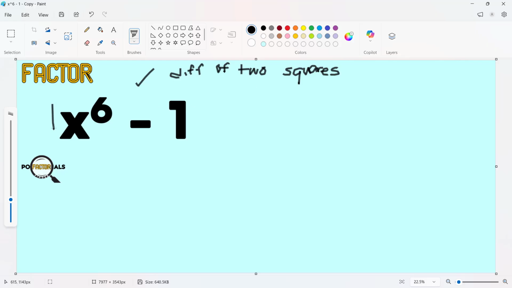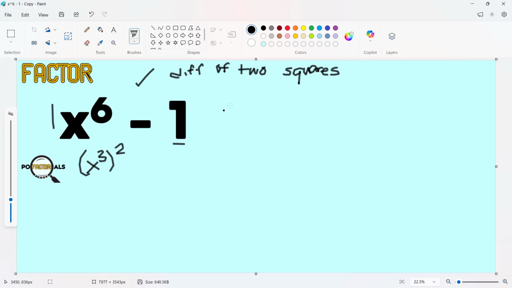We have here 1 and we have here 1, right? And then the literal coefficients are also perfect squares. Take note that the exponent of our x here is even. Automatically, that's a perfect square expression because x to the power of 6 is the square of x cubed. So this is the difference of two squares.